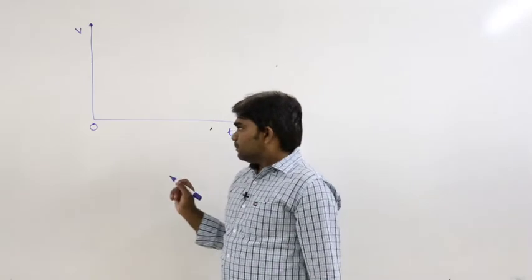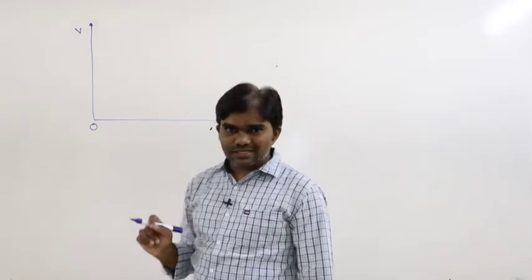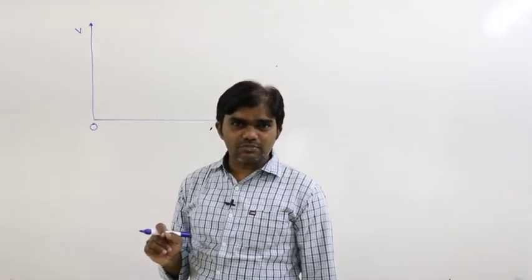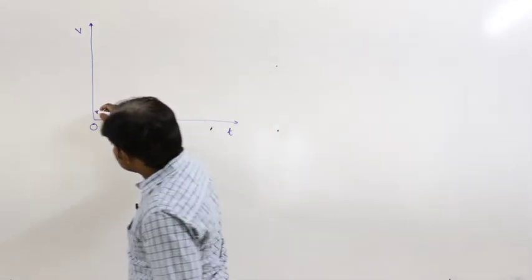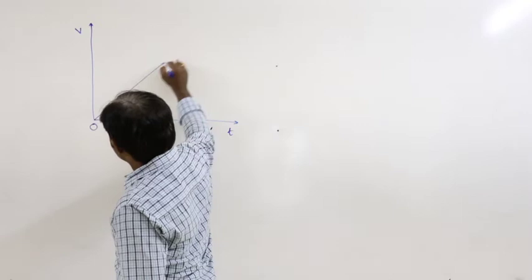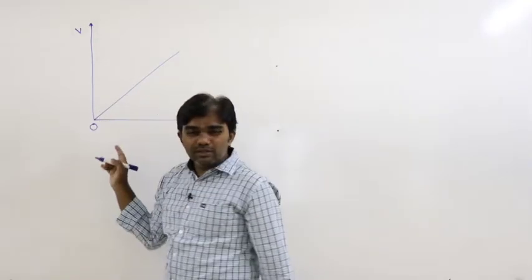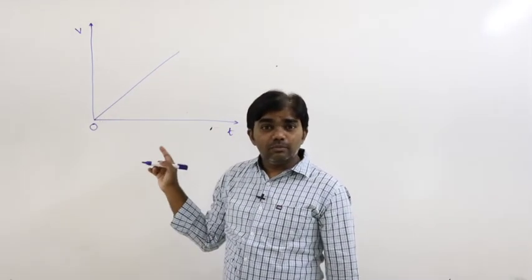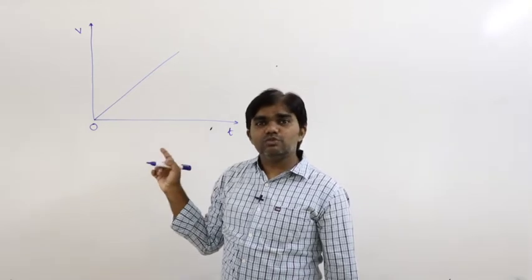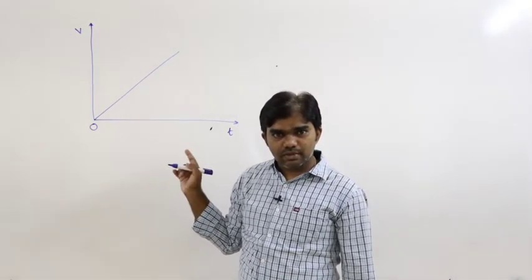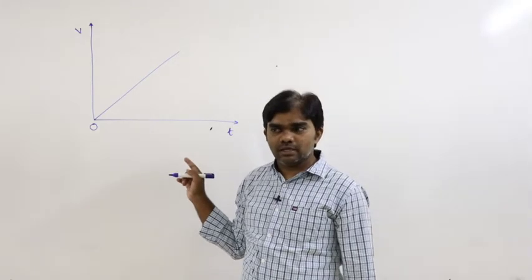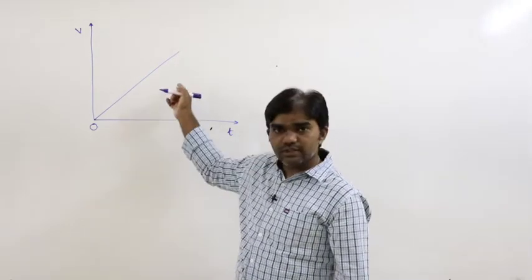If the body starts from rest, initial velocity must be 0. So that's why the graph starts from this position and the straight line passes through origin, when the body starts from rest and moves with uniform acceleration.